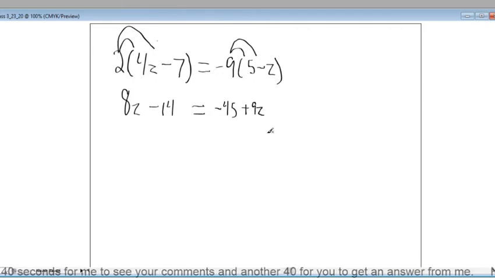So, again, what this has allowed us to do is get rid of those parentheses and unlock these numbers. We can now move them around. Now that each of these expressions is simplified, we can start moving things around. And that's always what you want to do. You want to make sure that your expressions are simplified before you start trying to solve.